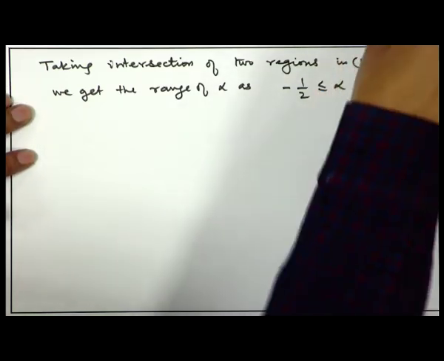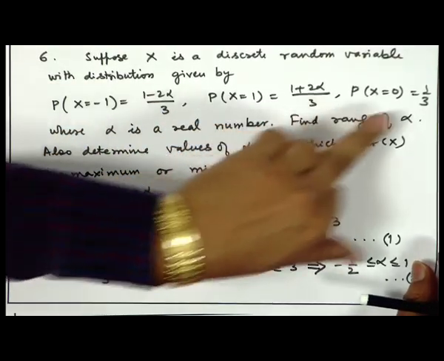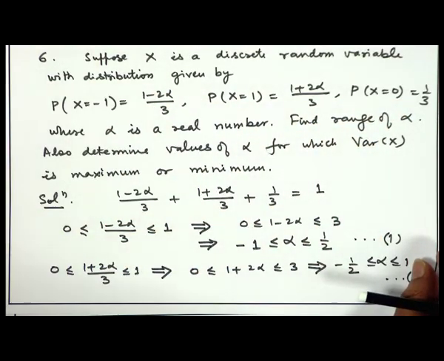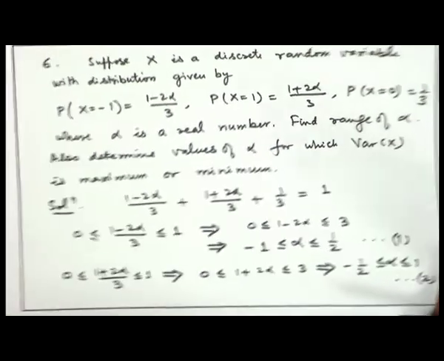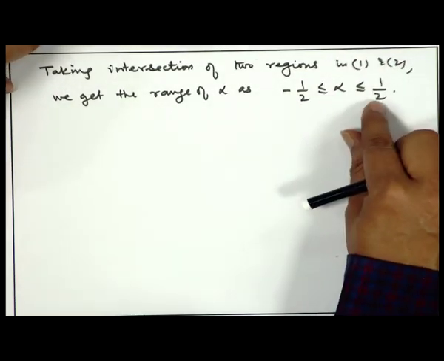So, in order that the probabilities 1 minus 2 alpha by 3, 1 plus 2 alpha by 3 and 1 by 3 define a probability distribution, the relevant range for alpha will be -half to half.